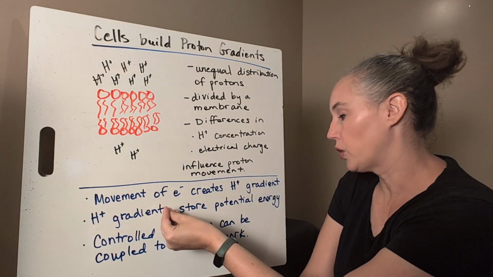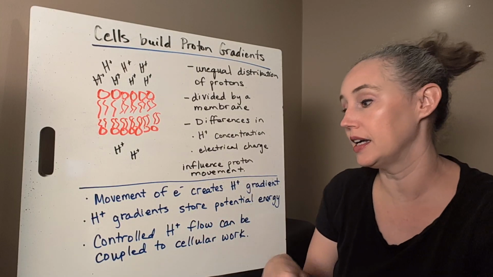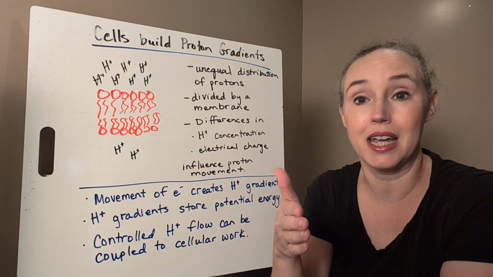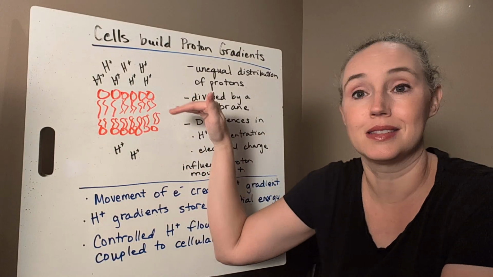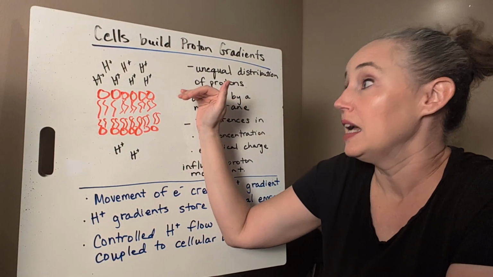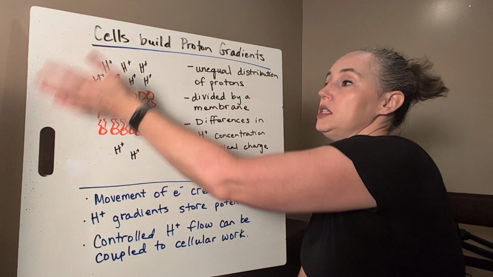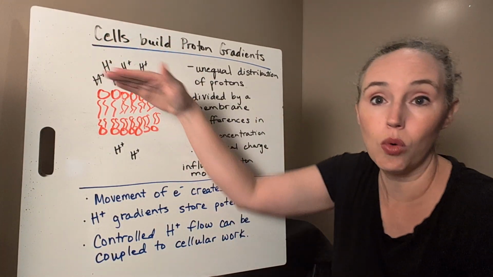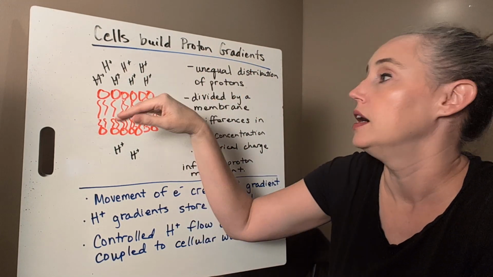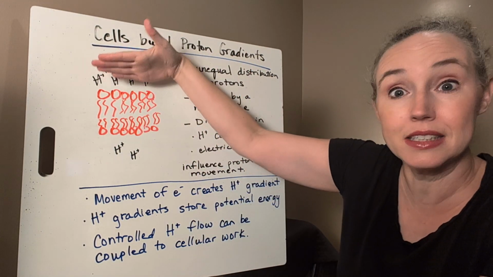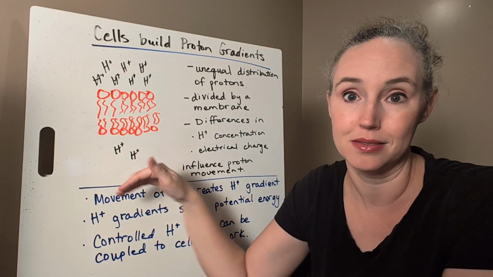And these proton gradients store potential energy, right? You want to think of it like a dam. The membrane is the physical dam, and we're holding back water. It's not actually water, but in our dam analogy, okay? We're holding this back, but it really wants to come to the other side, but it can't.